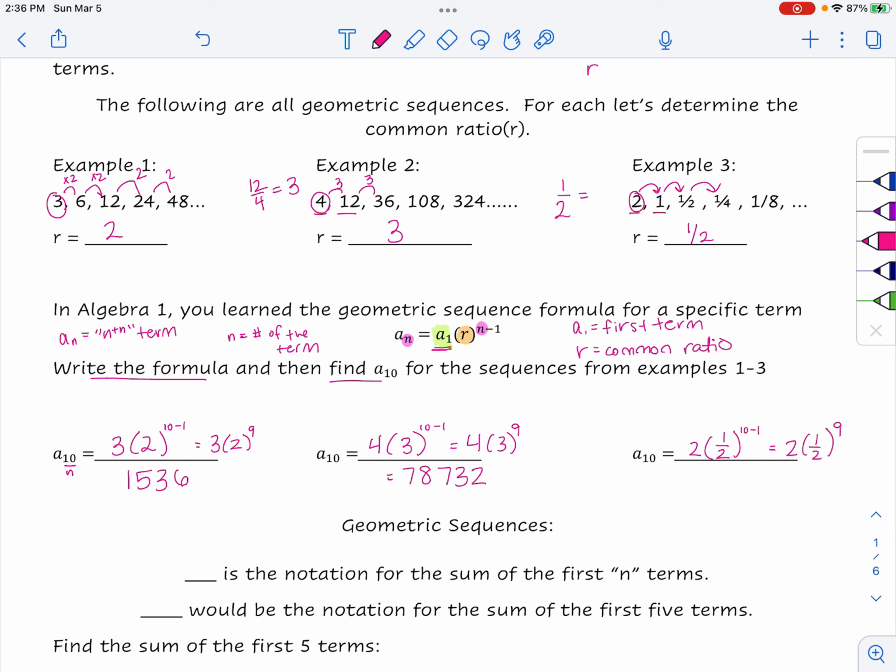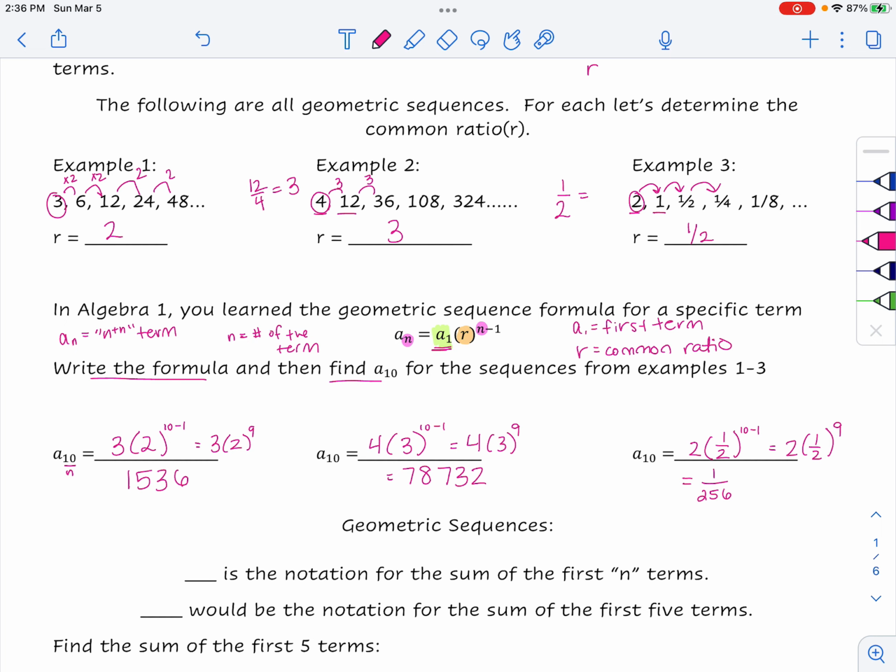If you don't have the fraction button, you might need some parentheses there. And I get 1/256. Now, if your calculator gave you a decimal, remember you can hit math, enter, enter in order to get the fraction. And because our sequence is in fractions, it would be good to write our term as a fraction as well.